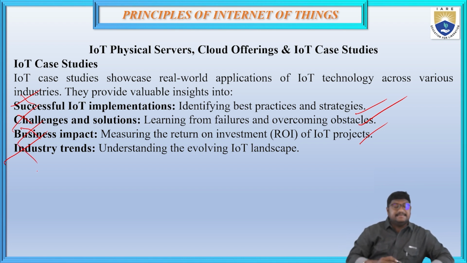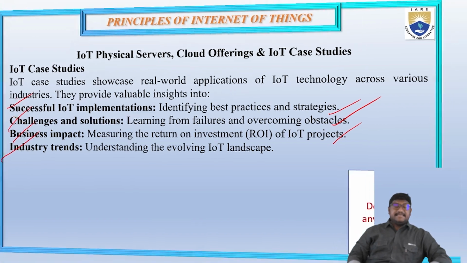And industry trends, we need to understand the evolving IoT landscape. Why? Because day to day the IoT landscape is evolving a lot. So we need to understand the industry trends and design an application which suits the current requirements, so that our IoT application will be the most trending application as per these statistics.